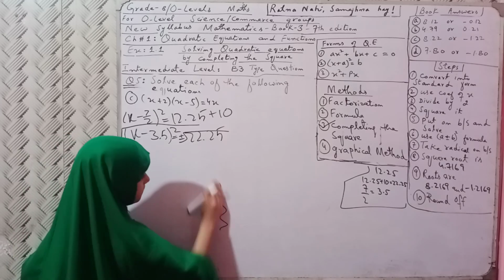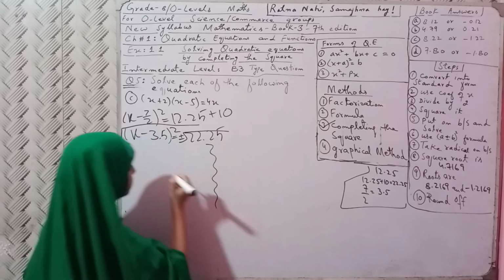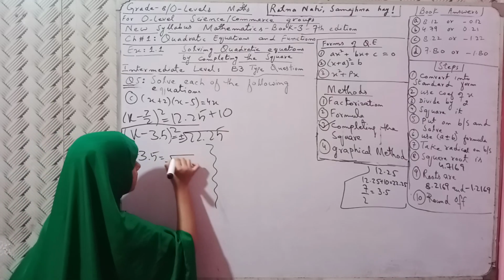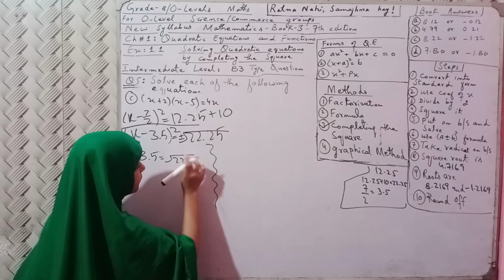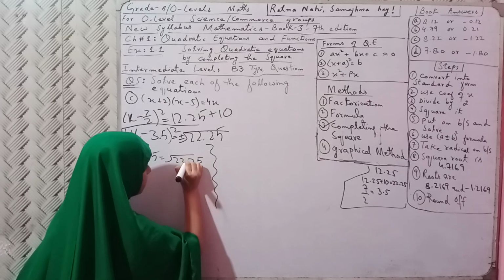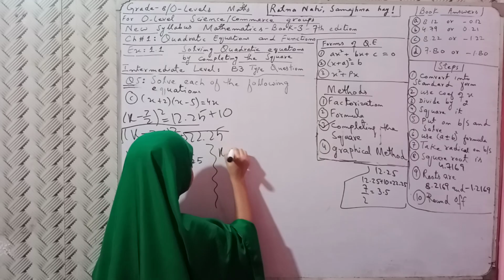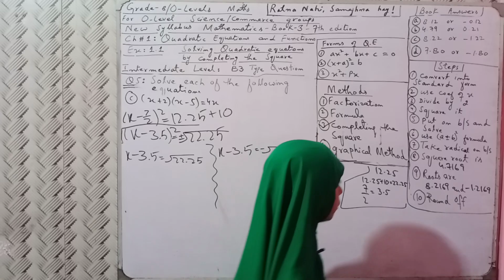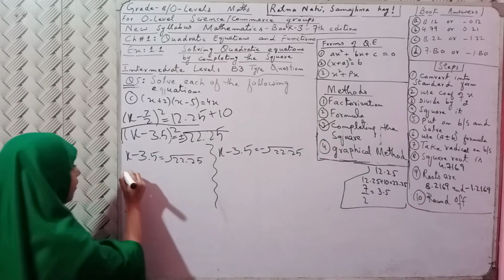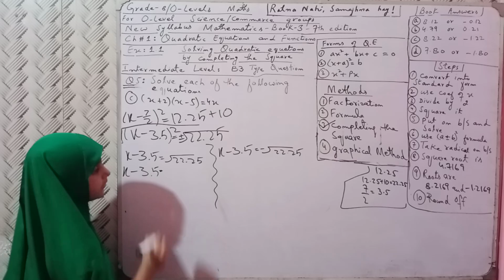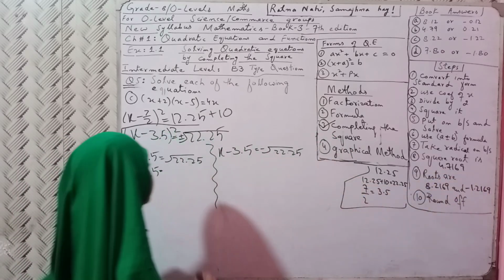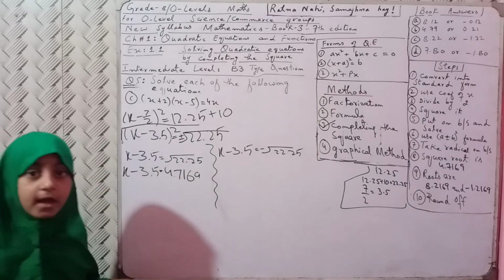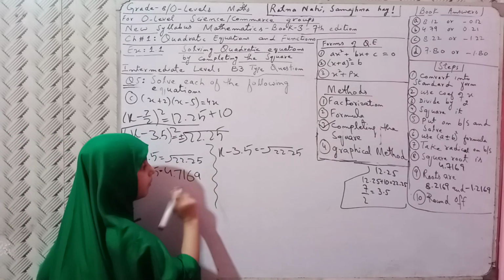So here come x minus 3.5 is equal to radical 22.25, and x minus 3.5 is equal to minus radical 22.25. Now square root is 4.7169. So x minus 3.5 is equal to 4.7169. I am solving and explaining both in one time.